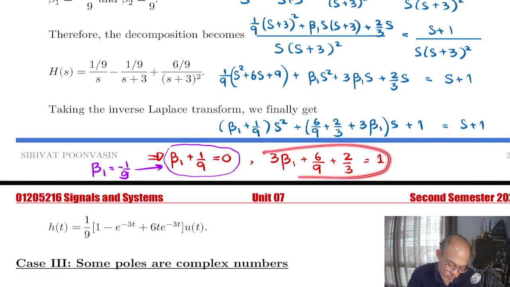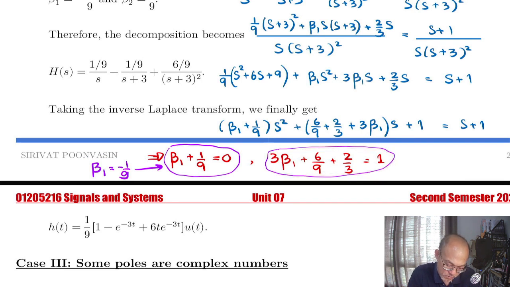Now, what about this one? They better be equal. Actually, we don't need this because we already know that beta 1 is minus 1/9, but this is for fun, actually, for confirmation.